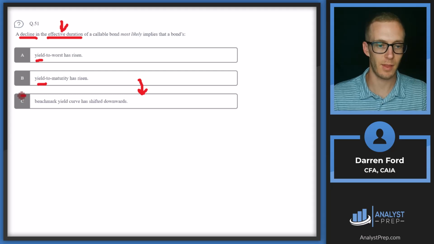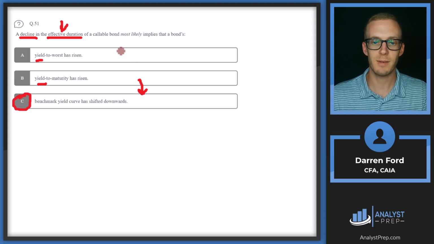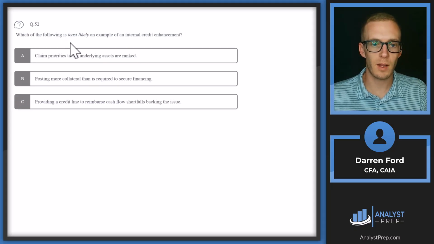That's how that works. When the rates go down, that callable bond duration is also going to go down. When rates go up, the duration of that will go up closer to what the maturity of the bond is. Answer C.